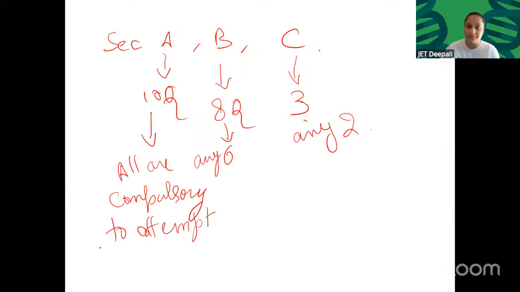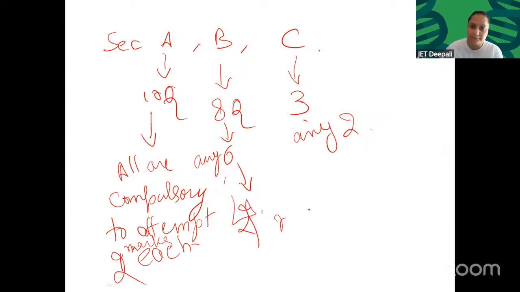This is your scheme paper. 1 mark each. If you write the correct answer, you will get 1 mark. And in this, you will get 2 marks. Here you will get 2 marks. Here you will get 4 marks.